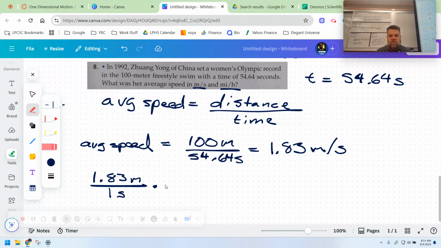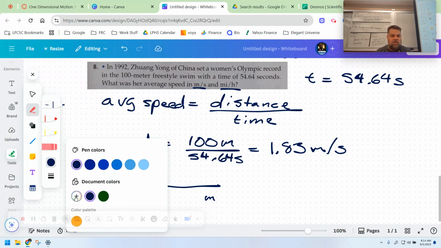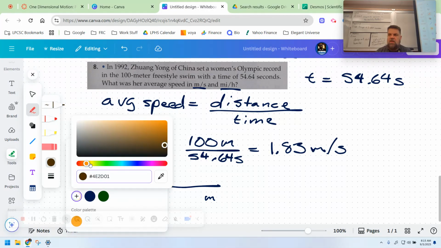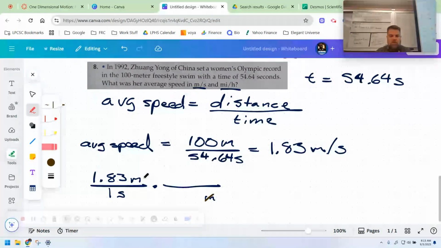So now I'm going to convert this to miles per hour. Do you guys have that? Did I give you the conversion sheet that has all the units like miles and meters? Go ahead and get that out real quick. You have to have that paper when you do your homework. I know that I'm going to need meters, because I want the meters over here to cancel with the meters over here, right?